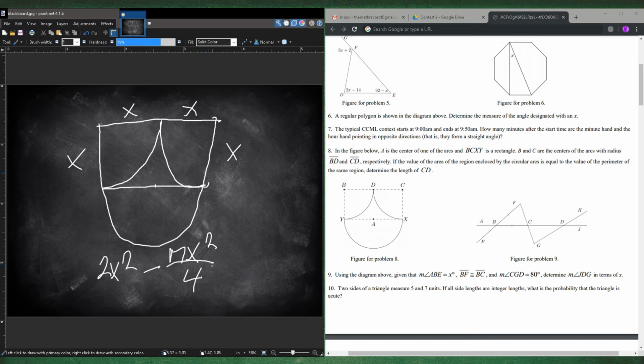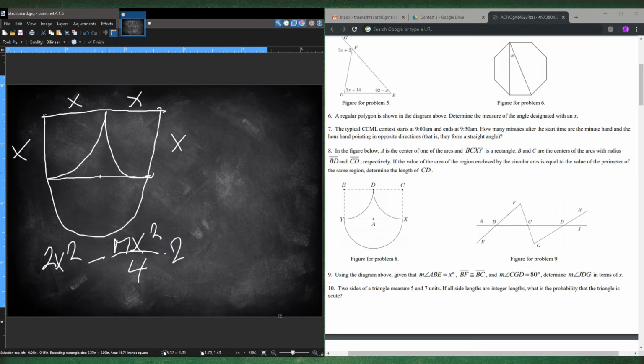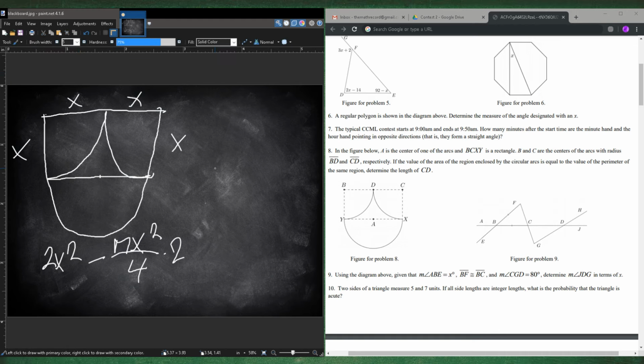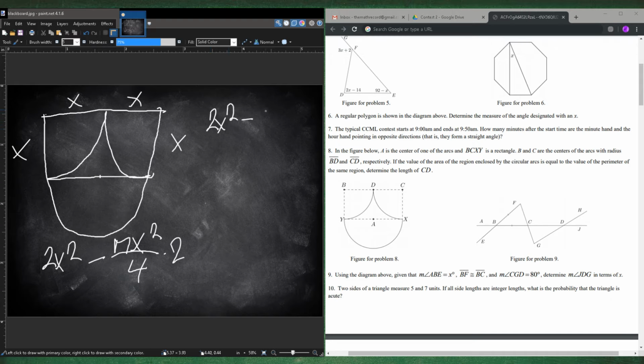And then since there's 2 of them, you gotta multiply by 2. So that kind of gets out to 2x squared minus pi x squared over 2. And you could probably just distribute out the x squared. Get 2 minus pi over 2. So that's the area of this part.